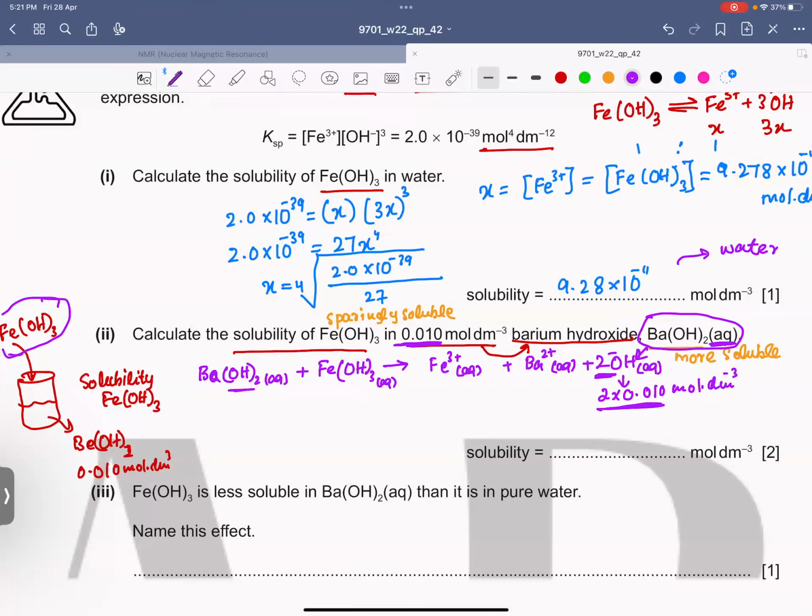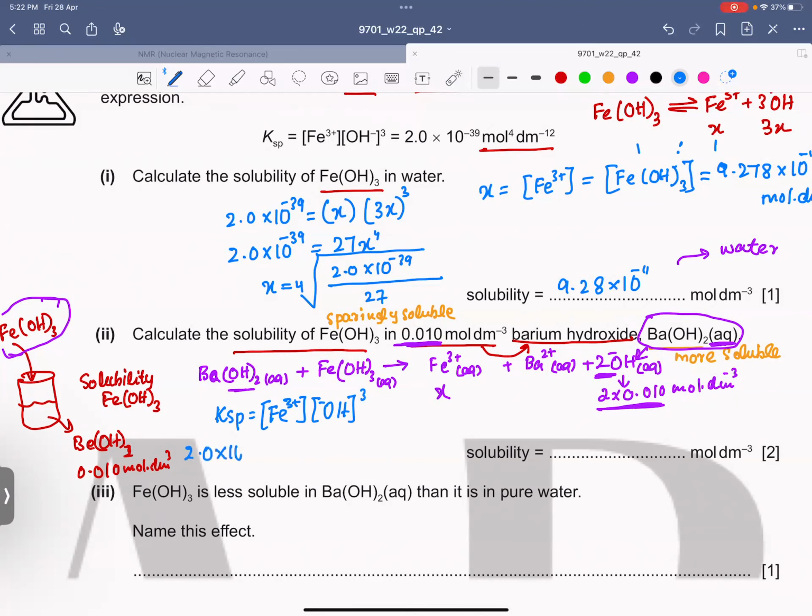Okay. So now we know the concentration of hydroxide ions. And if we add the compound of iron to it, there must be some concentration of iron, but we don't know that concentration. So we consider that concentration of iron would be X. We use the same Ksp expression that they provided earlier: the Ksp is equal to the concentration of iron 3 positive ions times the concentration of hydroxide ions cubed.